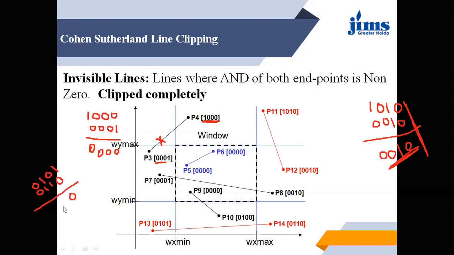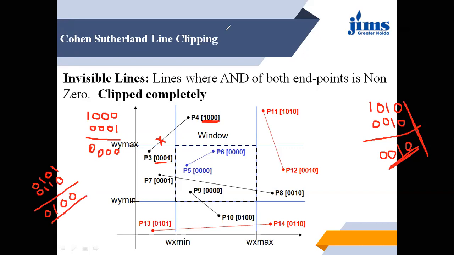So here we are not getting 0, or we can say that the result is non-zero. So it also represents that the line is completely invisible. It means there is no need to perform any action on this line.